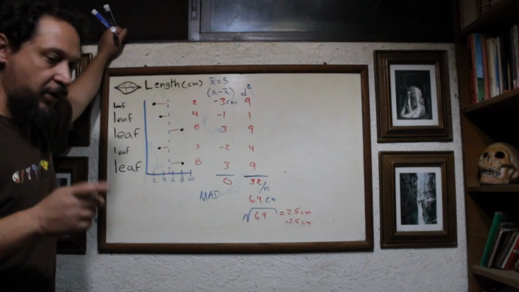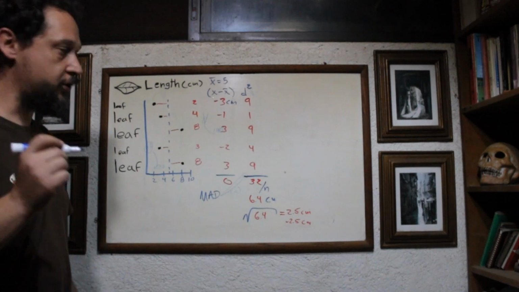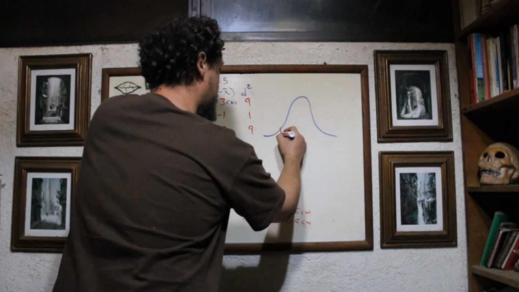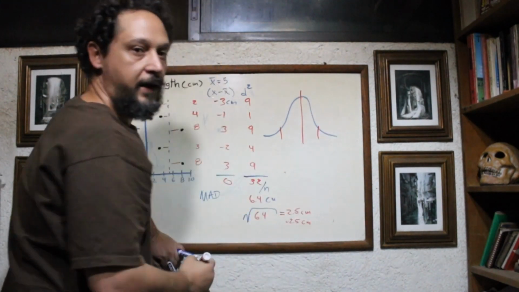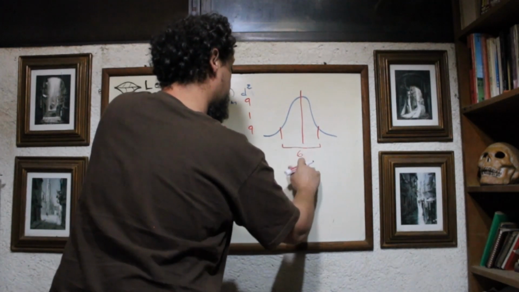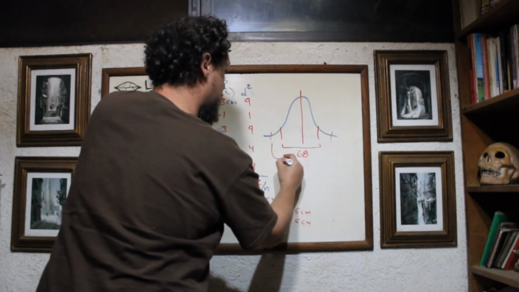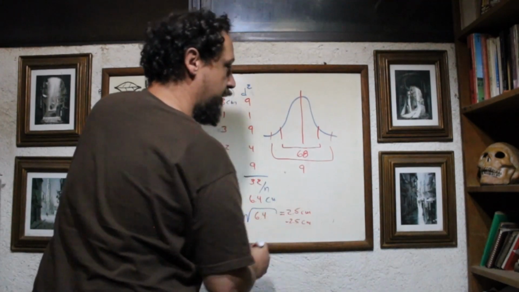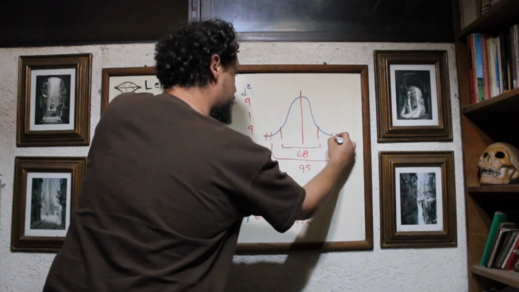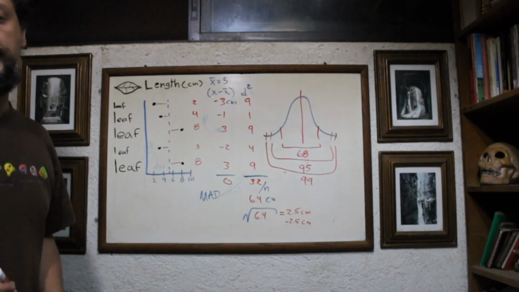Now, another interesting property of the standard deviation is that if your distribution is normal, then one standard deviation will contain 68% of the data. Two standard deviations will contain 95% of the data, and three standard deviations will contain 99% of the data.